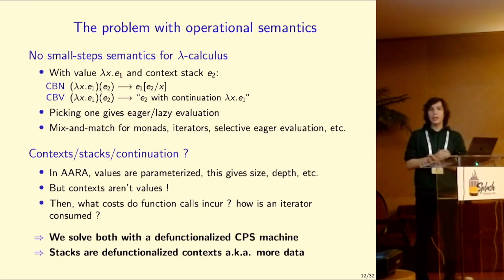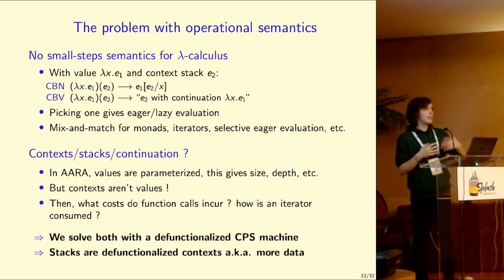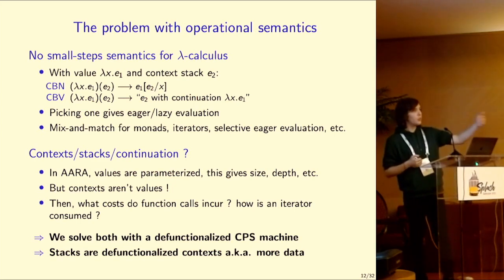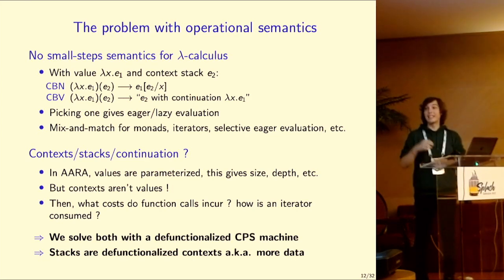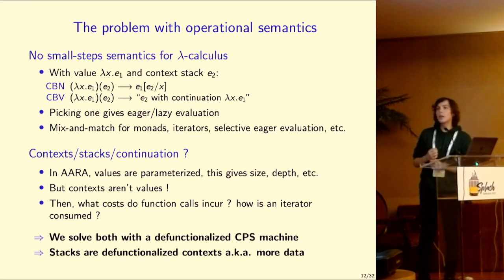So we cannot use the same system to say this iterator will be called in that way, or this monadic action will be used in that way. And that's a problem.